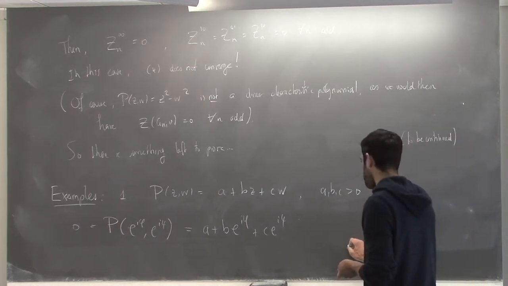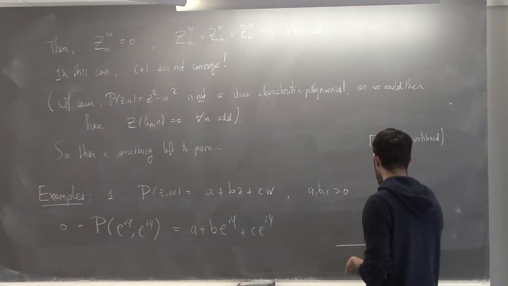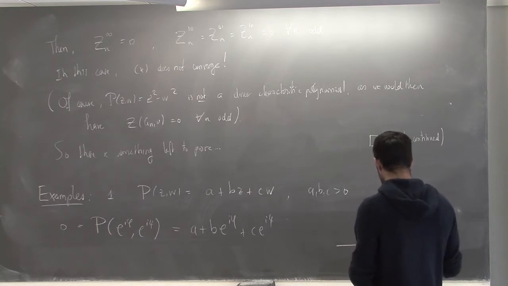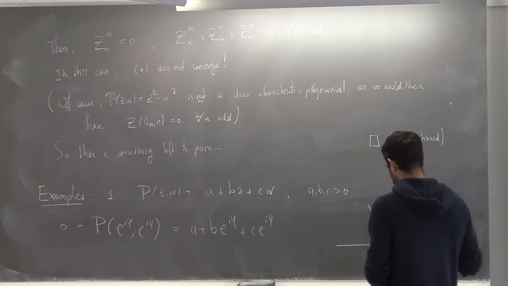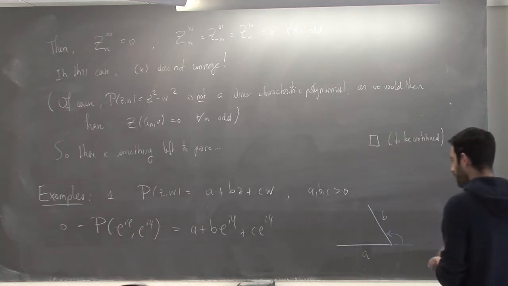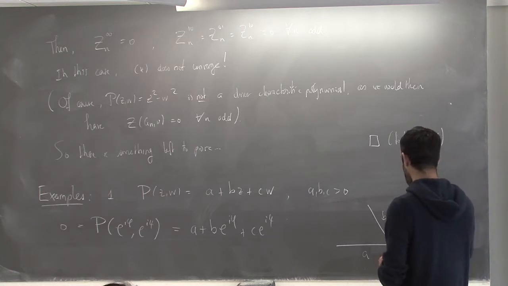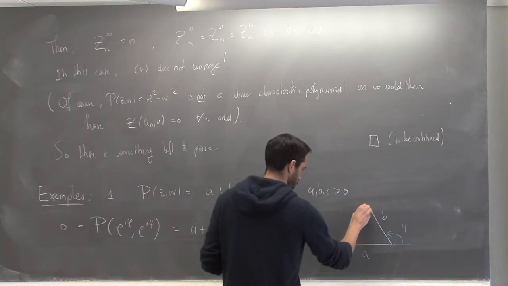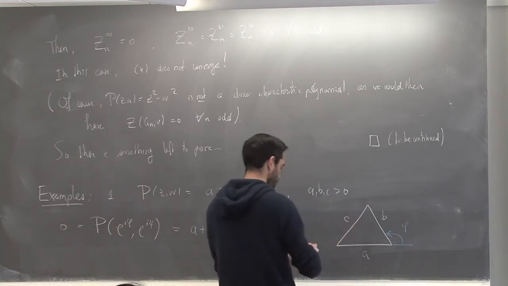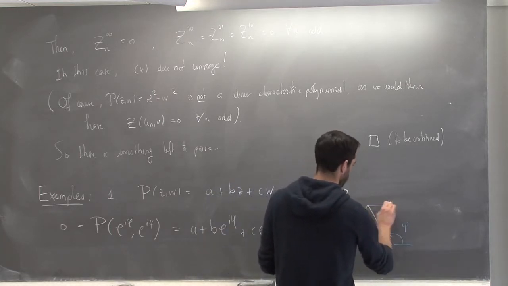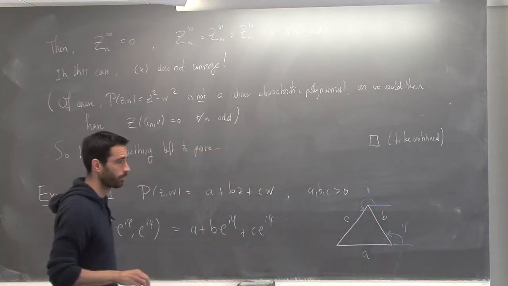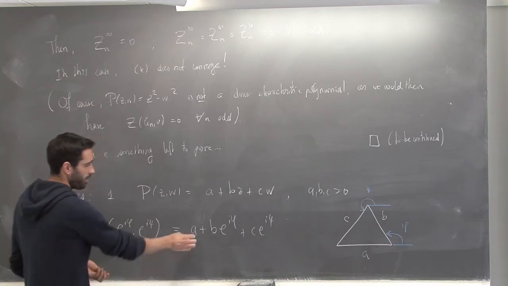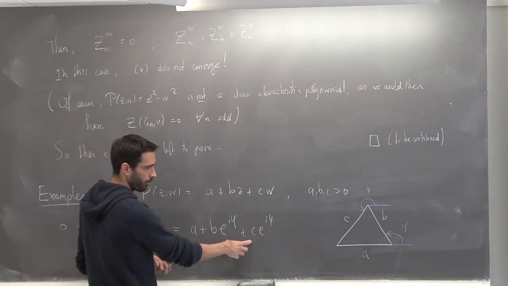This means we take A, and then another side of length B with this angle being φ, and then another side of length C, this angle being ψ. Right, A, B, C are positive real numbers.